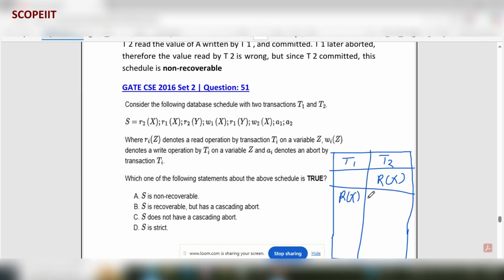Next is R2 of Y. So here a read operation with the Y variable. Next, a write operation in transaction T1, so write of X. Next, read of Y. So here a read operation with the Y variable.